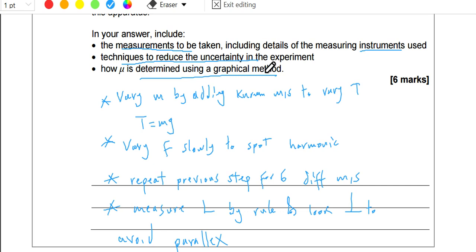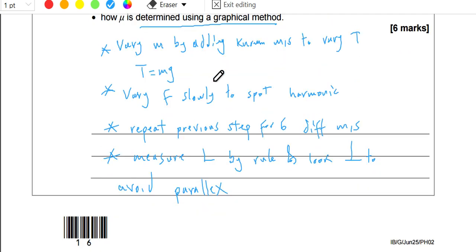We will first vary the mass by adding known masses to vary the tension, where tension is given by mg, and we will vary the frequency from a function generator or signal generator slowly to spot a harmonic. We will repeat these two steps for 6 different masses and measure L by rule. When we do this, we should look perpendicular to avoid parallax.